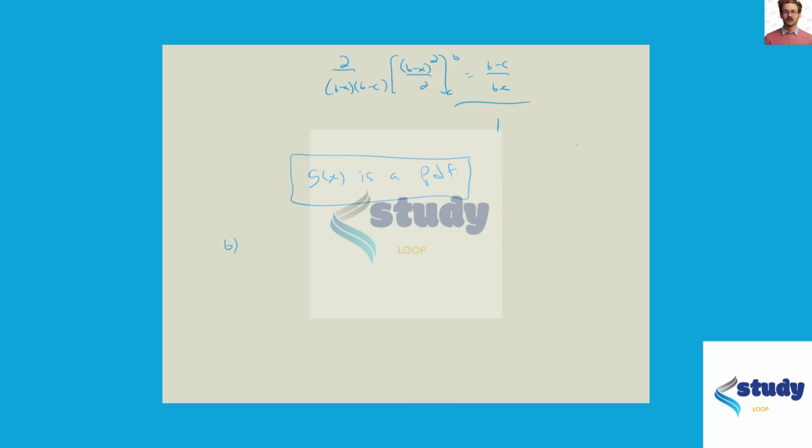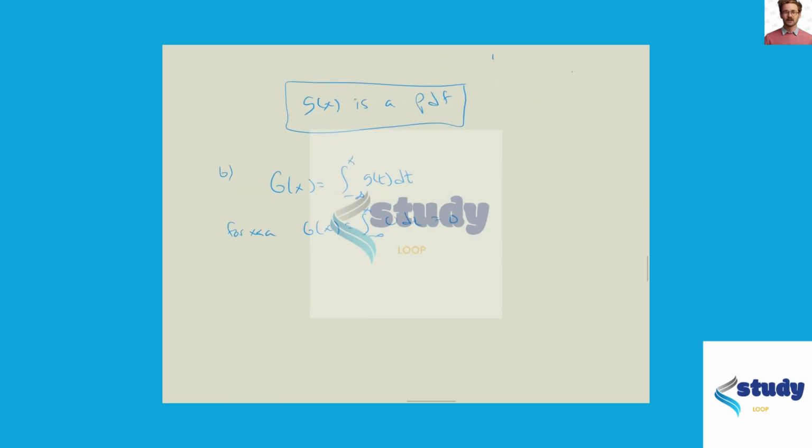If x is a random variable with PDF g of x, we can derive the CDF of x. For x less than a, it is 0.